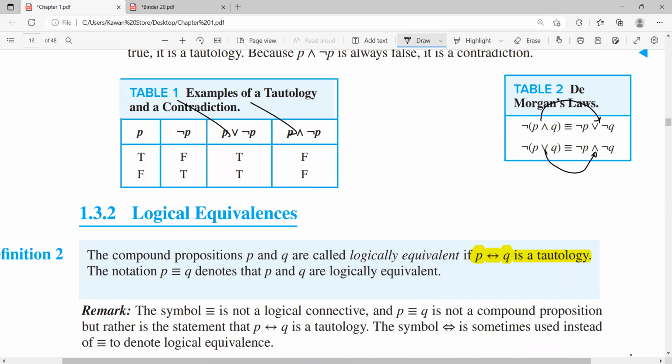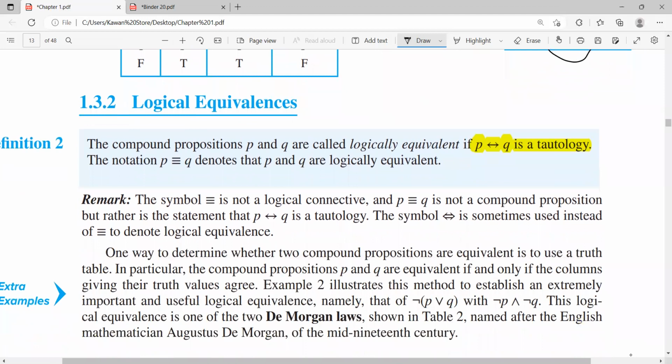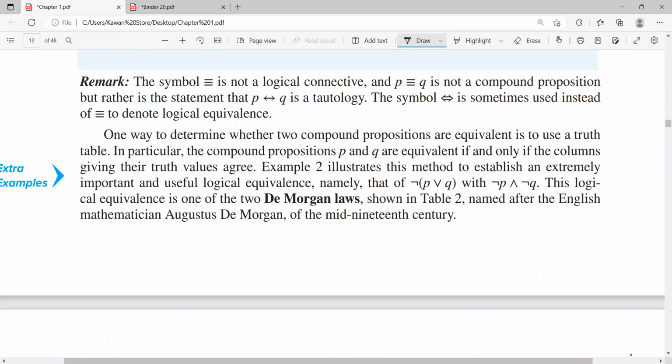If you find P if and only if Q, the outcome is always true, a tautology. So instead of speaking, learning by doing.